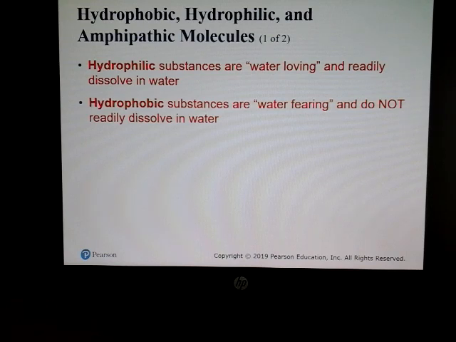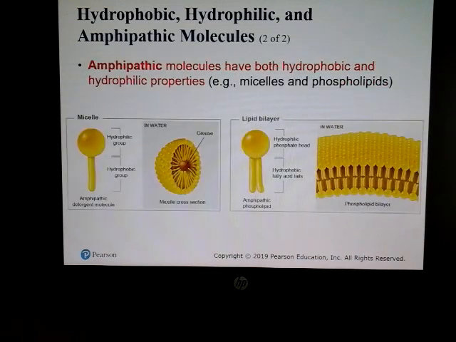Now, different types of molecules, fats in particular, can be what we call hydrophilic or hydrophobic. Hydrophilic are water-loving, and they'll dissolve in water. Hydrophobic are water-fearing, therefore they do not readily dissolve in water. So think of oil. Oil is hydrophobic.